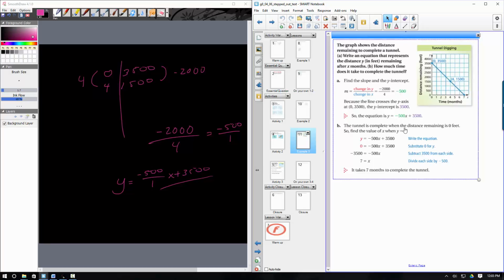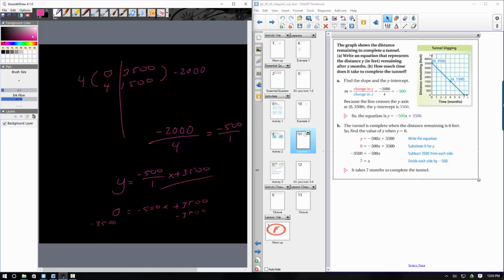Oh, and then the next question, I'm sorry, it says how much time does it take to complete the tunnel? So where I want y to be equal to 0. So if I plug this in and I say I want y to equal 0, so 0 equals negative 500x plus 3,500. I want to subtract 3,500 from both sides.